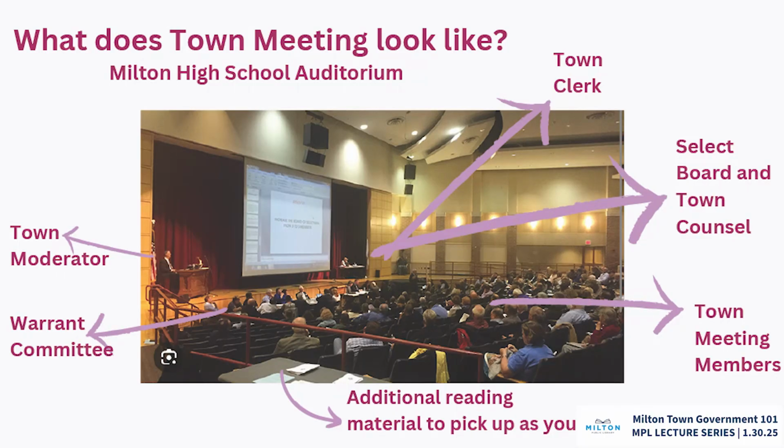The moderator is there to help guide us through. And then all the town meeting members are spread out throughout the auditorium. We typically sit as close as possible to the front. If you've ever been to the auditorium, there's a dividing line where there's an aisle, with the back and the front.